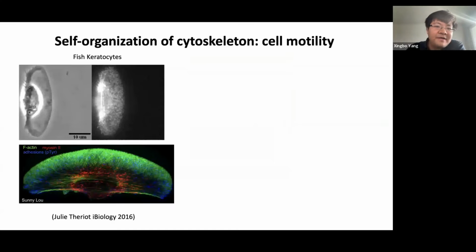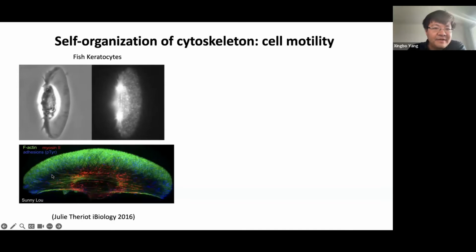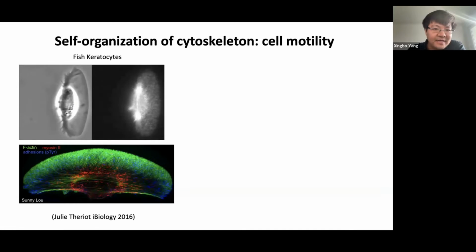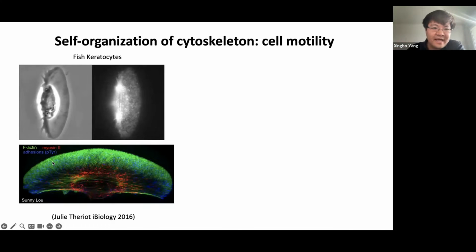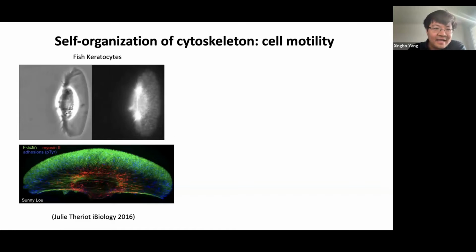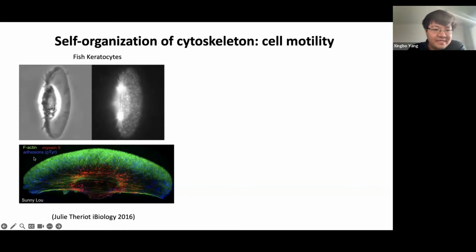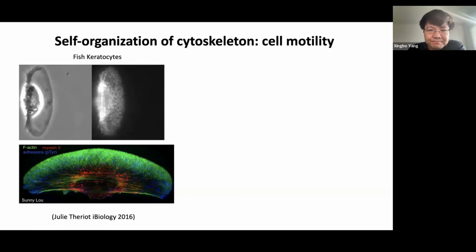So here are a few examples of cells moving under this type of mechanism. For example, this is a fish keratocyte, a cell in the eye, which is a very motile cell. They move really fast. In this case, this is an experiment where you put a cell on the substrate and it moves very quickly.